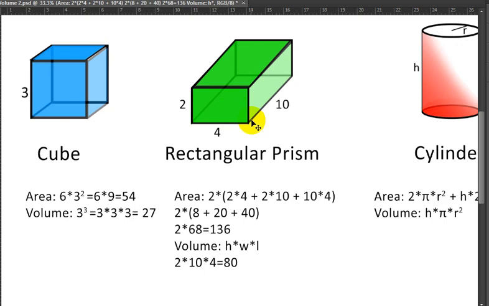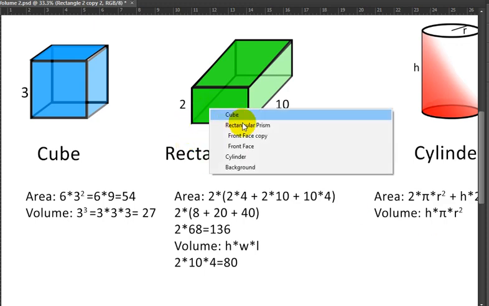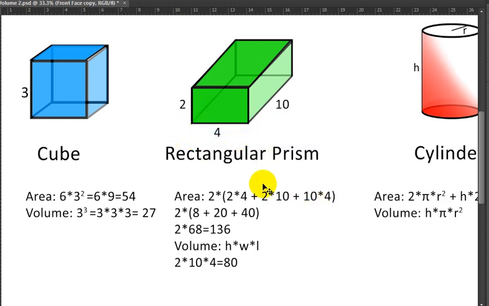But here you can see if this side is longer, then I'm going to need more. So basically, the volume is if I take this, the front face, right? How many would I need to make up the entire shape?